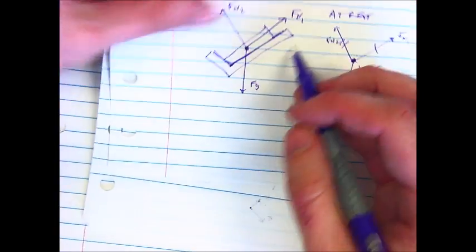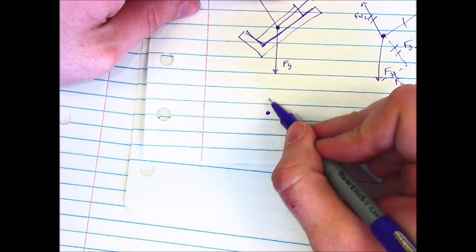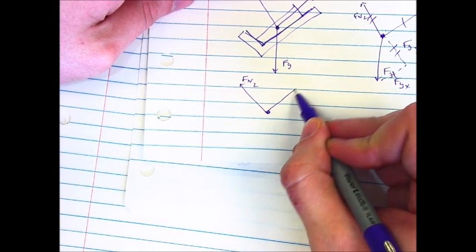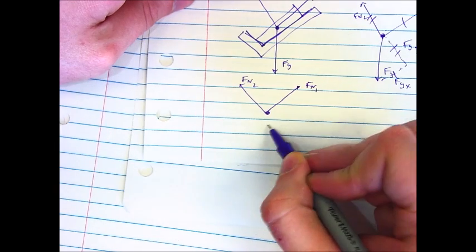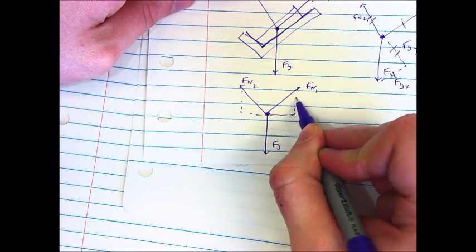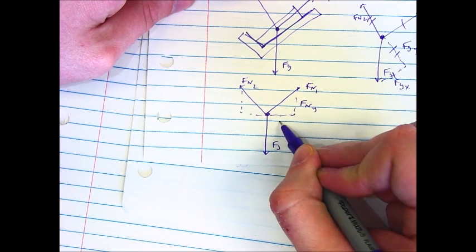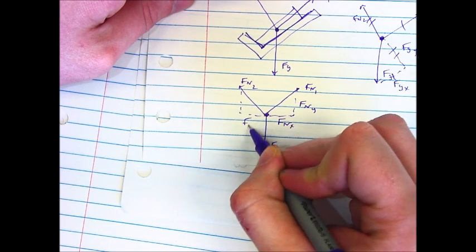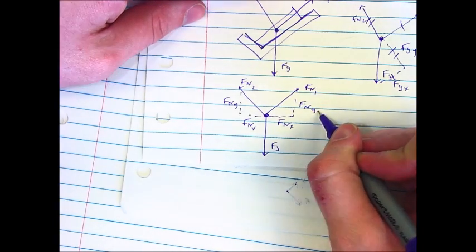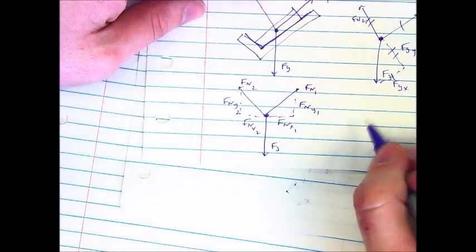However, if you want to do it like this, you would have normal force 2, normal force 1, force of gravity, and then you would break it up like this. This is normal force y, normal force x, normal force x, normal force y, and this is 1, 1, 2, 2.